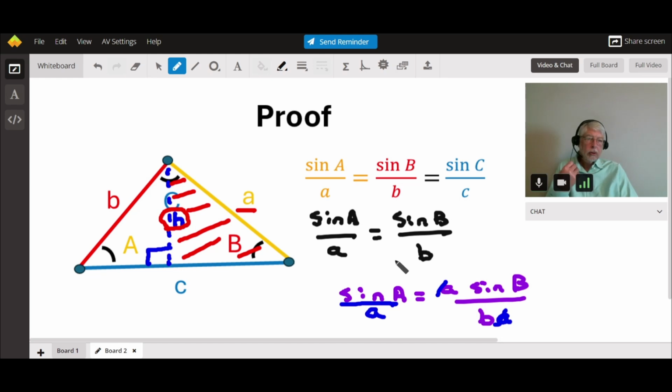And you could use the same process to show that it's equal to sine C over c. Sine C over c.